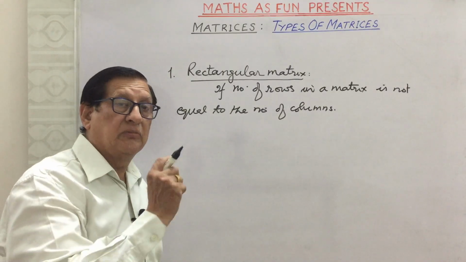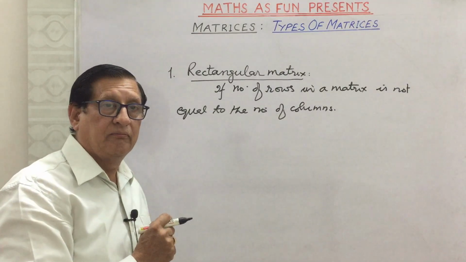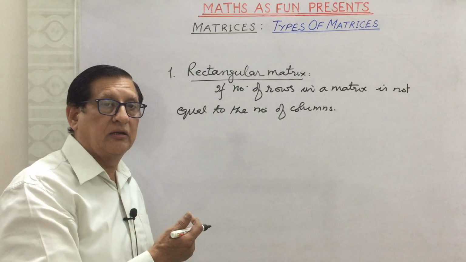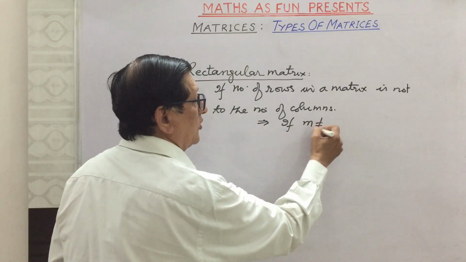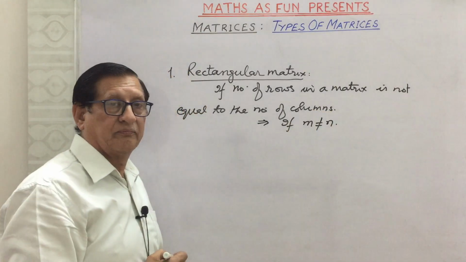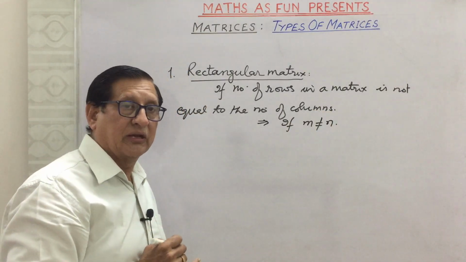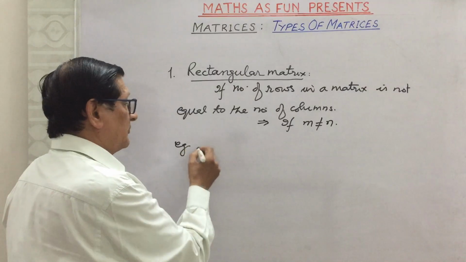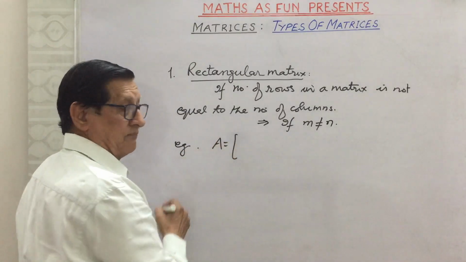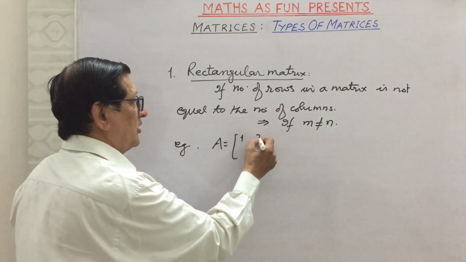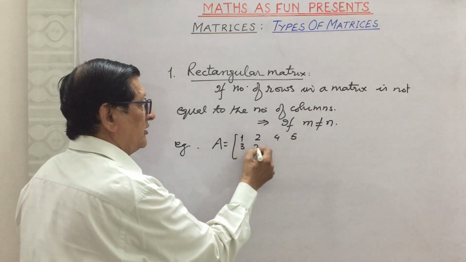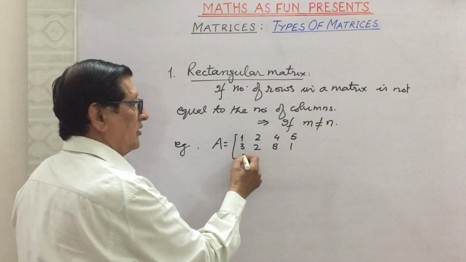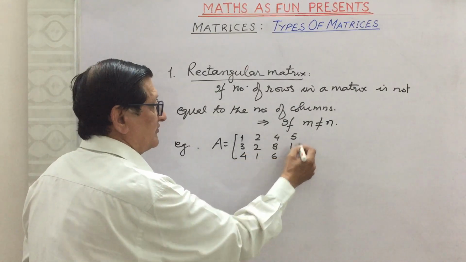We represent the number of rows by m and number of columns by n. So we can also say here that if m is not equal to n, then it is a rectangular matrix. For example, suppose we have a matrix A. The elements in this are 1, 2, 4, 5, 3, 2, 8, 1, 4, 1, 6, 7.